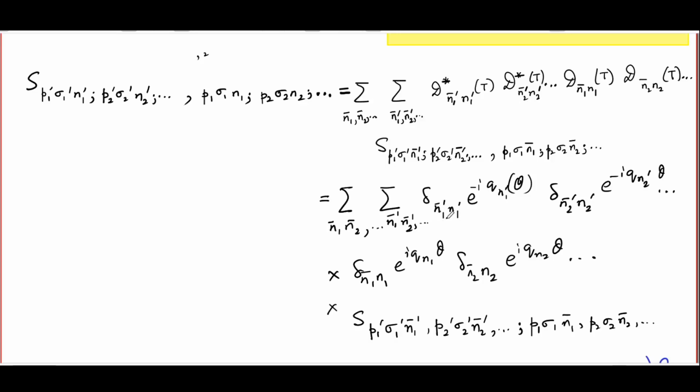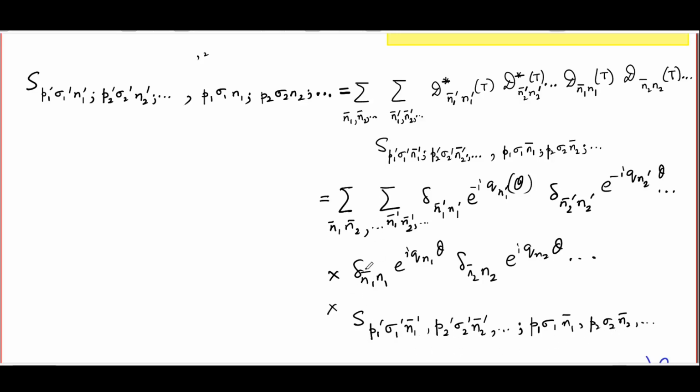Delta n1 bar prime n1 prime e to the minus iQ n1 prime theta. Then you have delta n2 bar prime n2 prime e to the minus iQ n2 prime theta and so on. So these are for the conjugations here. And for these terms, you will simply have delta n1 bar n1 e to the iQ n1 theta, delta n2 bar n2 e to the iQ n2 theta and so on. And finally, you have the S matrix element with n1 bar prime, n2 bar prime, etc., which are of course to be summed over.